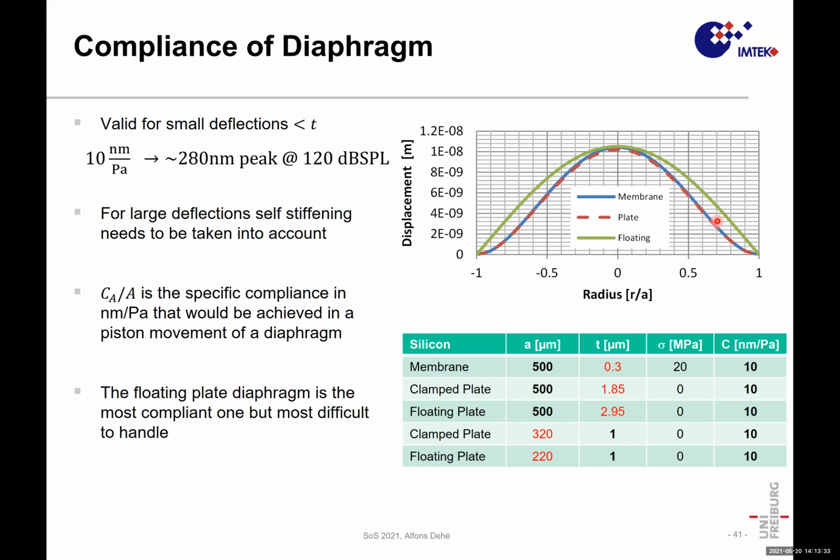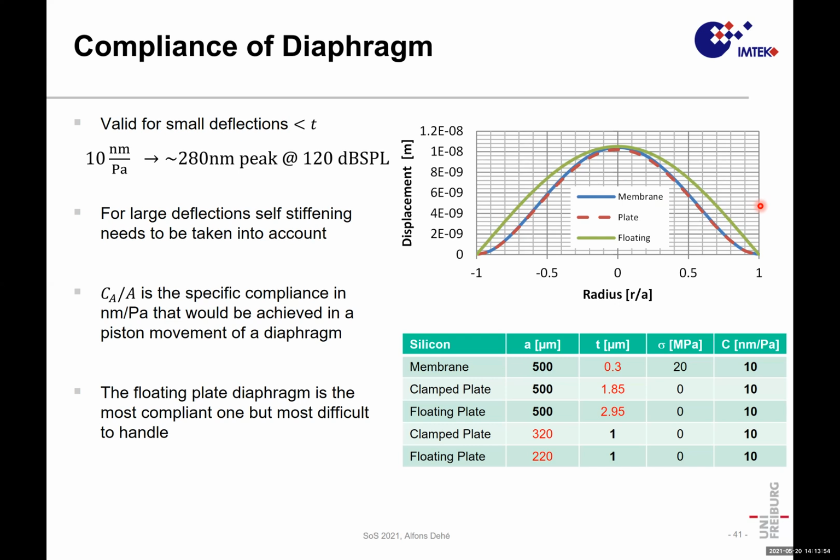So we see we have a membrane bowing, and then we say, okay, on average, we do the same. We compare it as if it was a plate with less displacement overall, but being a parallel plate displacement. This is the piston equivalent formulation.